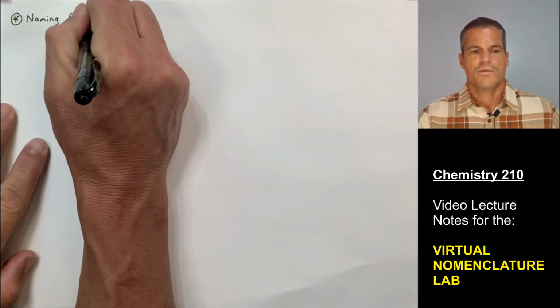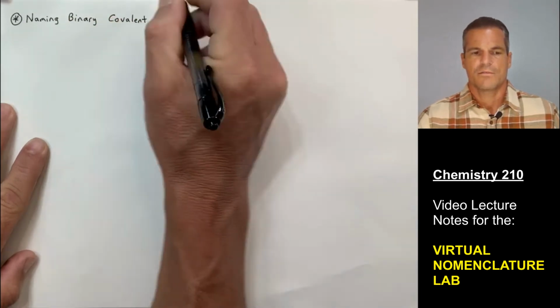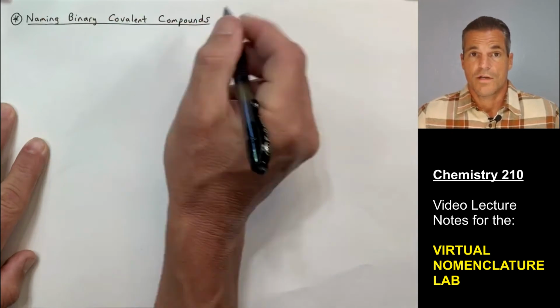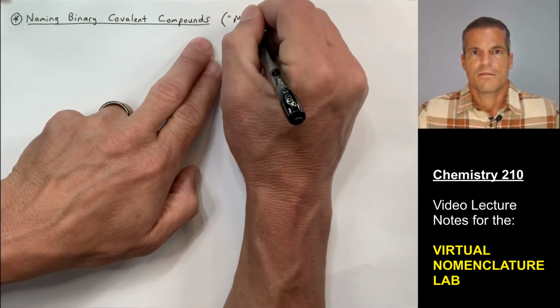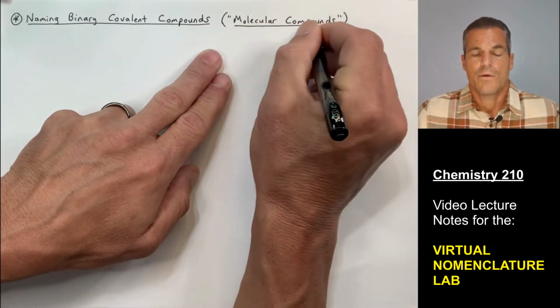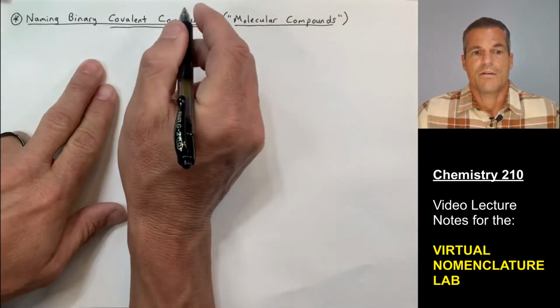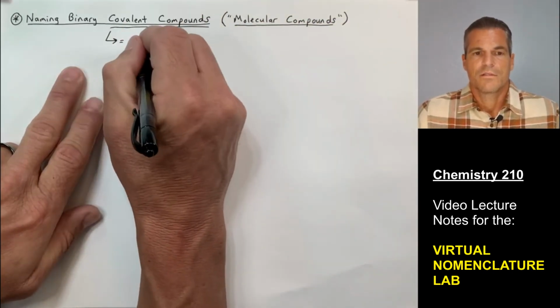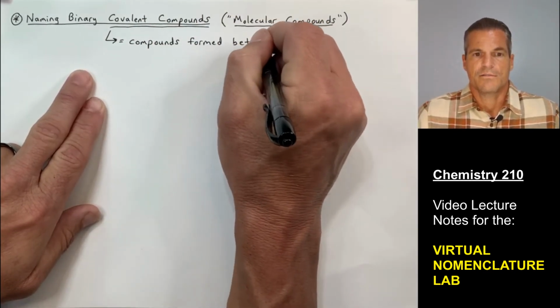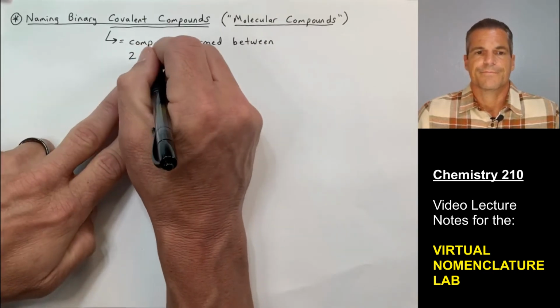And we're continuing today with naming compounds. We've already covered naming ionic compounds, and that took us quite a while. Heavy topic. The last two videos were on naming ionic compounds. Now I want to talk a little bit about naming binary covalent compounds. Covalent compounds are also called molecular compounds, as we've discussed already.